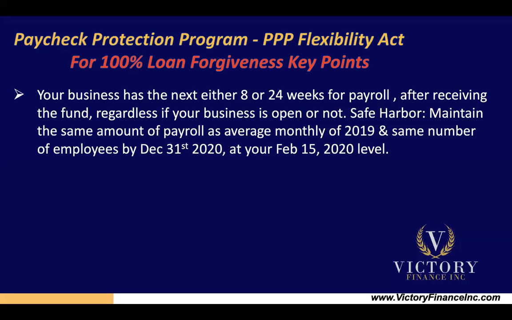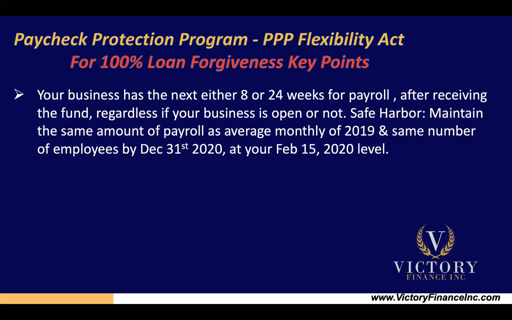I talked to the SBA district office here in Northern California, and basically they said that right now there's nothing in between. You either choose 8 weeks or 24 weeks.